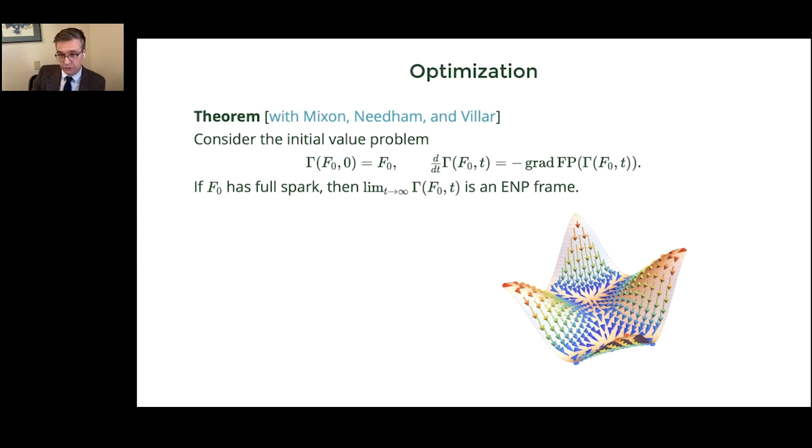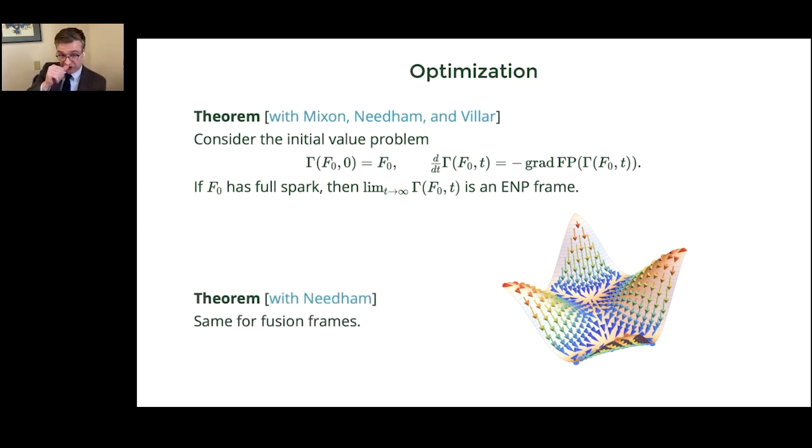On the right, I'm showing you the actual gradient vectors for this function. It is possible to get stuck on the saddle, but that's a probability 0 event. For any random starting point, you will eventually end up in one of these basins of attraction, which are exactly the global minima of this function.